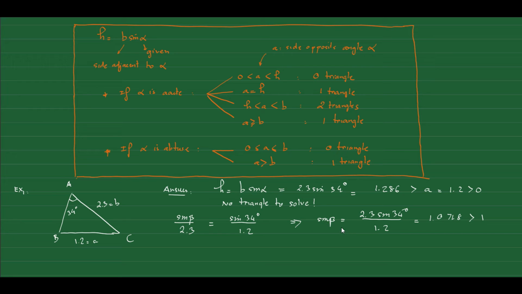That's why we don't have a triangle to solve. This doesn't make sense. This is outside the range, so we cannot solve for the angle. So you see right away that we don't have to do this step. We just need to calculate the h value, and we know that there's no chance for you to solve.